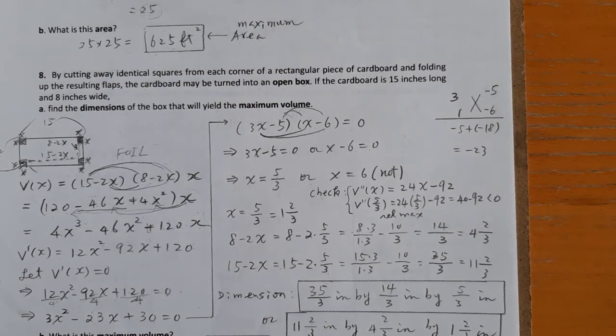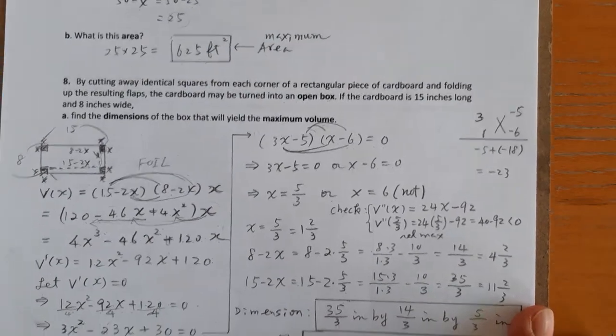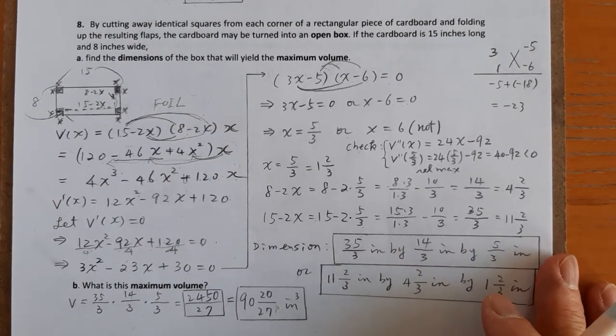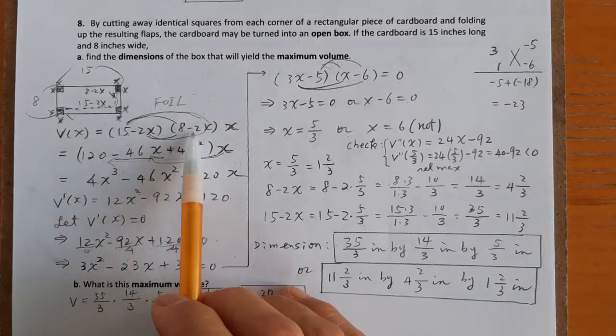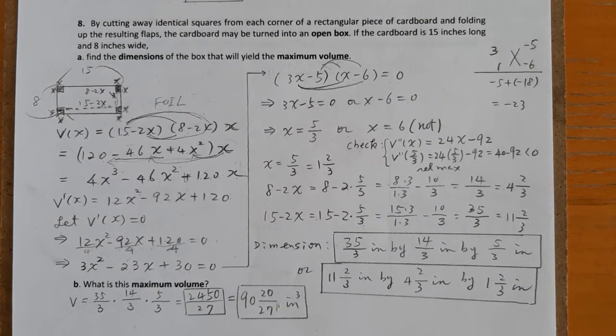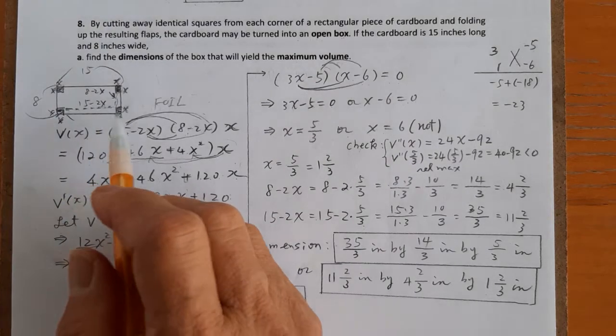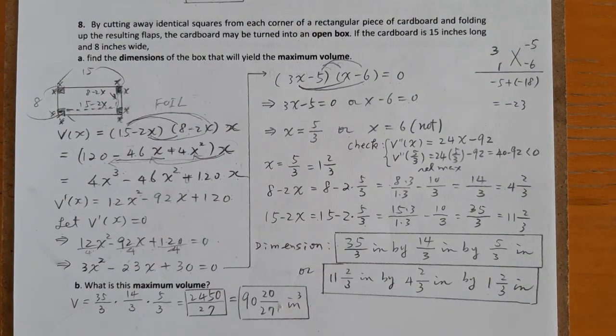Then you have to check against the 2x. Which one works? If you plug 6 into the expression with minus 2x, this side becomes negative. That's impossible. So 6 is not valid. If x equals 6, the width of the box is negative, and the width of the box should be positive.